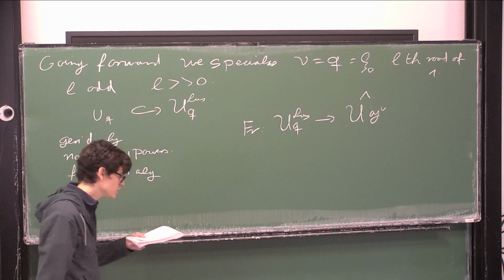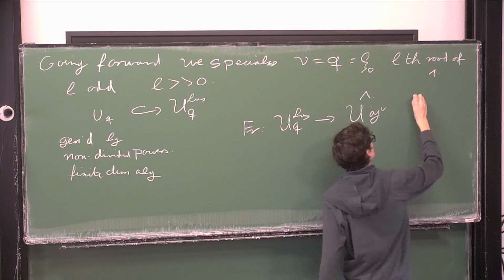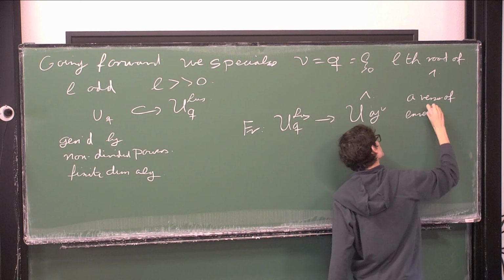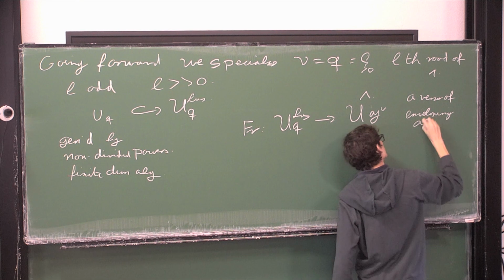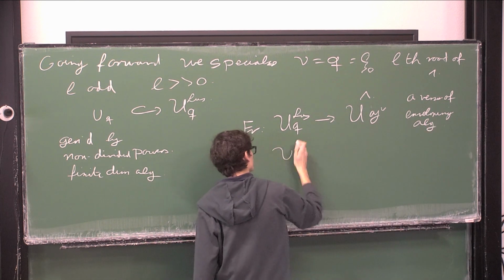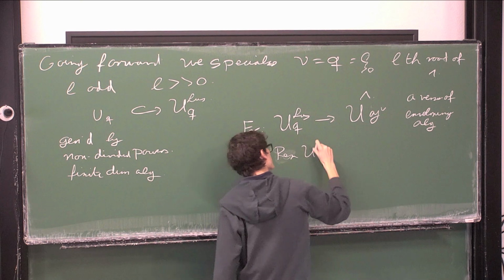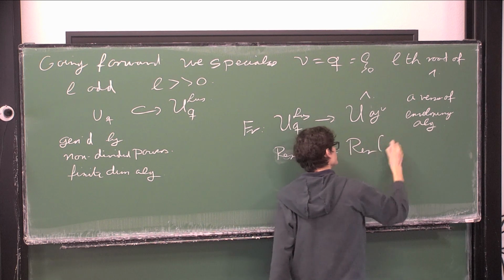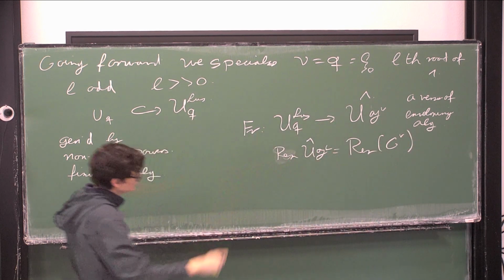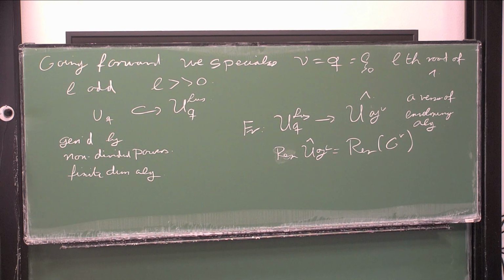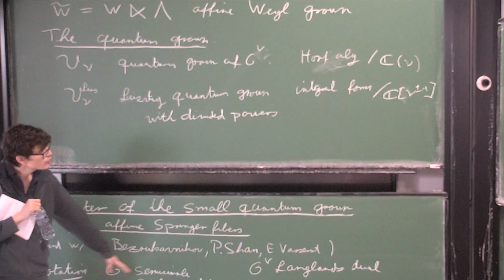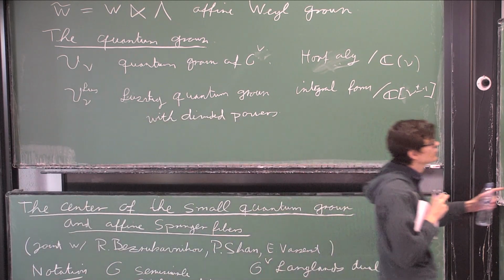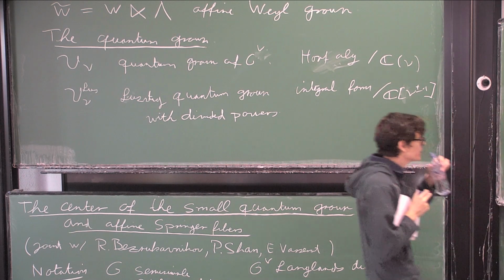So this U(G) hat is some sort of version of the enveloping algebra, such that the finite dimensional representations of this are the same as those of the group. Here the group is of adjoint type. If I'm taking G to be semi-simple, the Langlands dual is going to be adjoint type, so some sort of version where you only get representations with the correct weights.